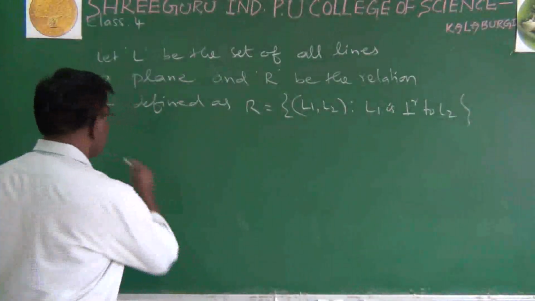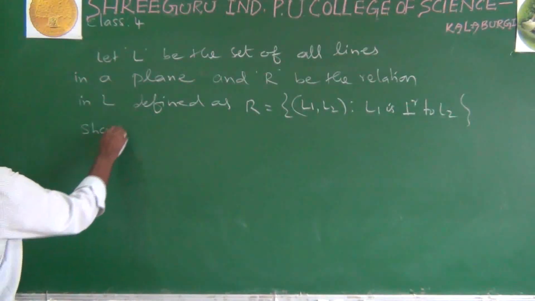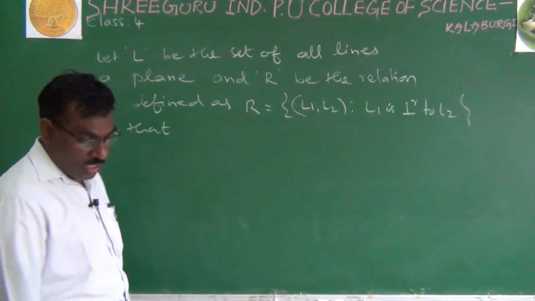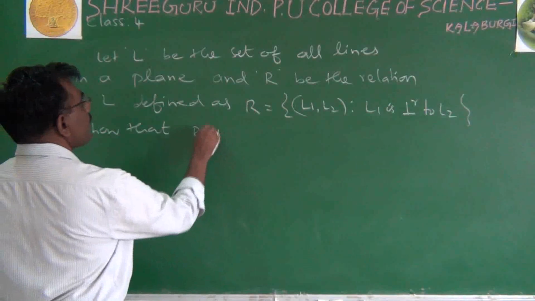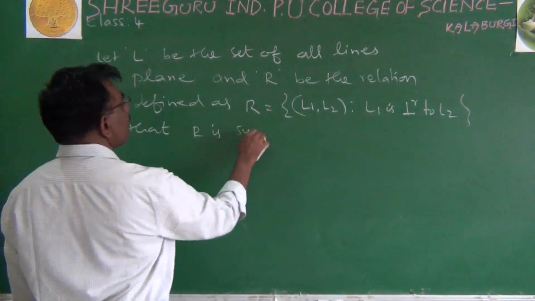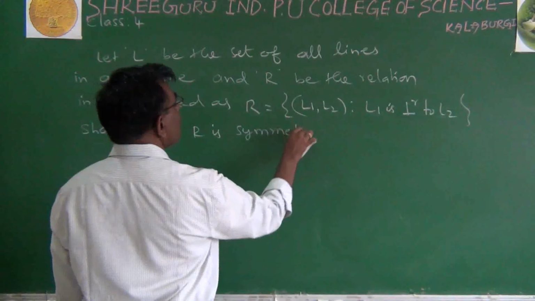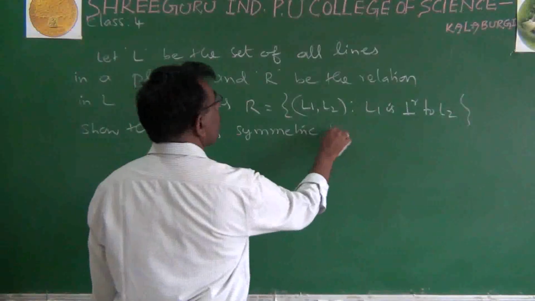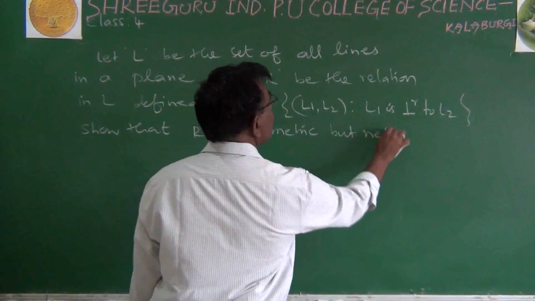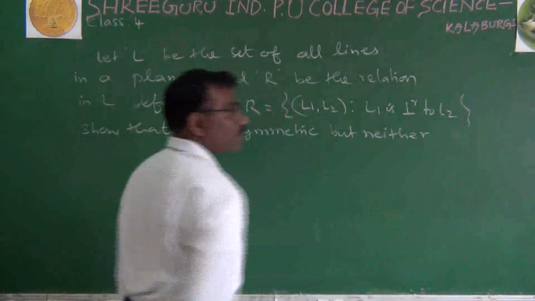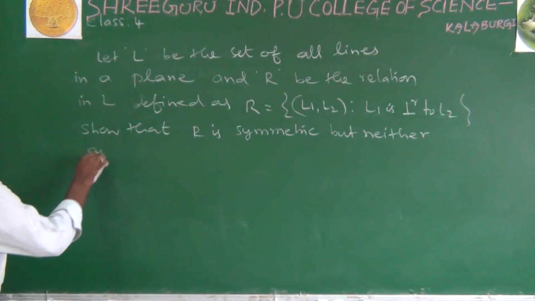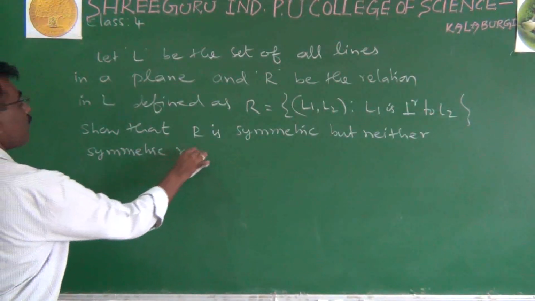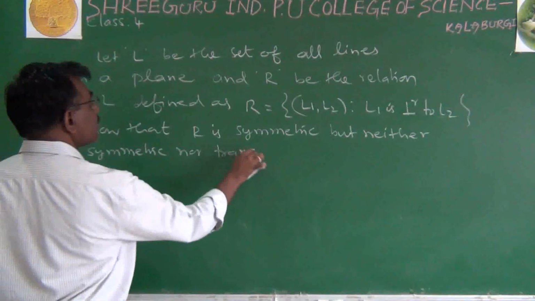Show that R is symmetric, but neither reflexive nor transitive.